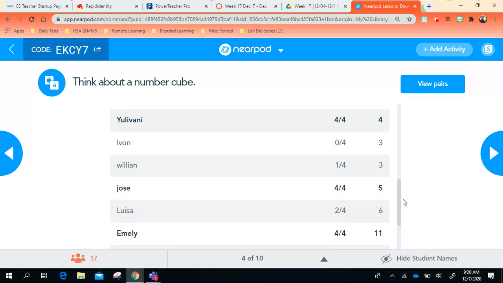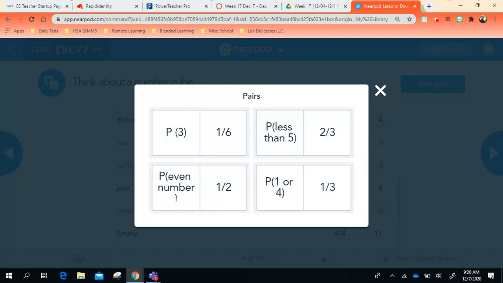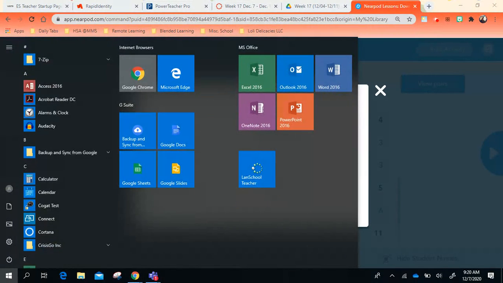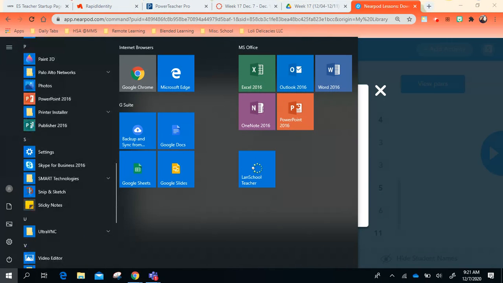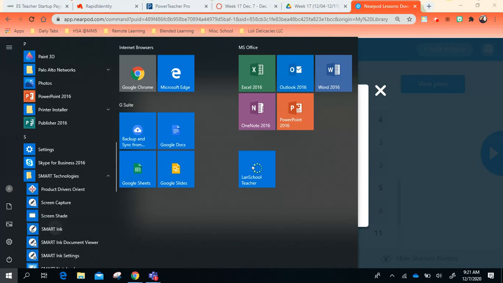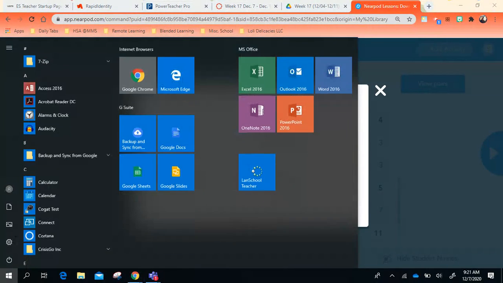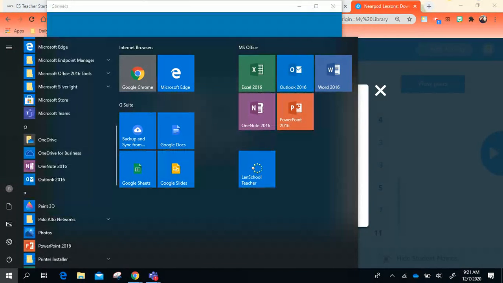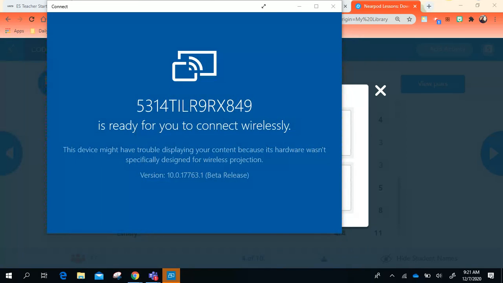Okay, let's go over it really quick. So we're looking at rolling a number cube. Remember, a number cube has 6 sides.